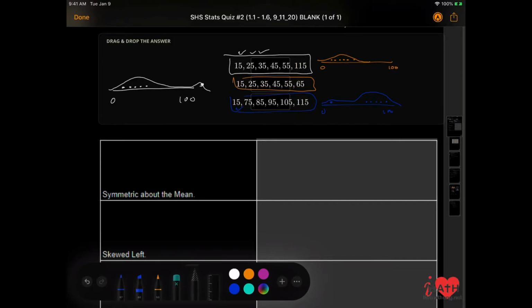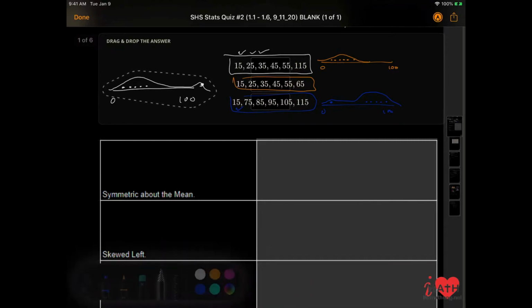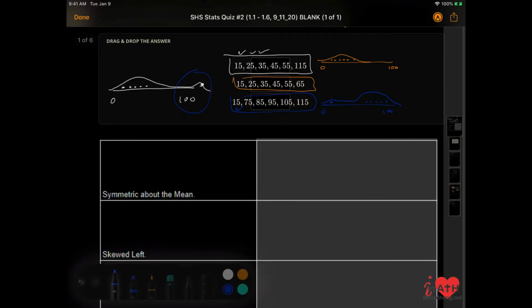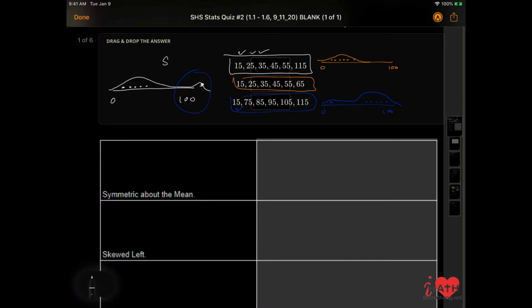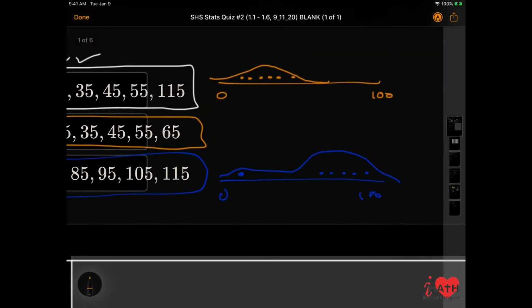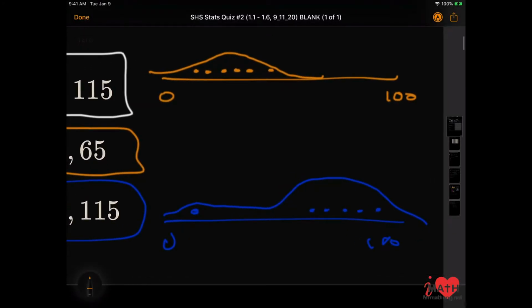So I'm going to try to cut and paste these and place them. All your data there is to the left and there's nothing to the right. The tail's to the right, so this would be skewed right. On this graph, again, all the data is in that one place, so it looks very symmetrical.